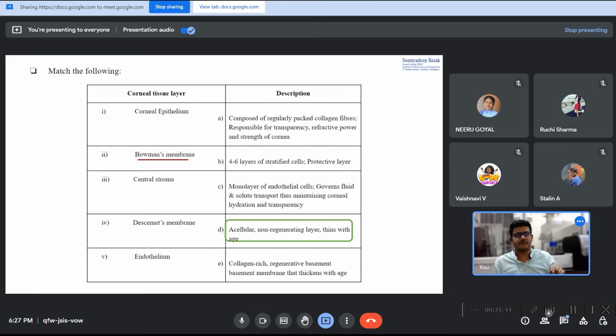Right? It thins with age. Next is central stroma.